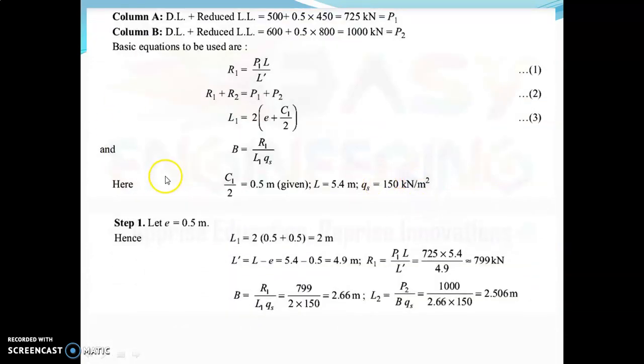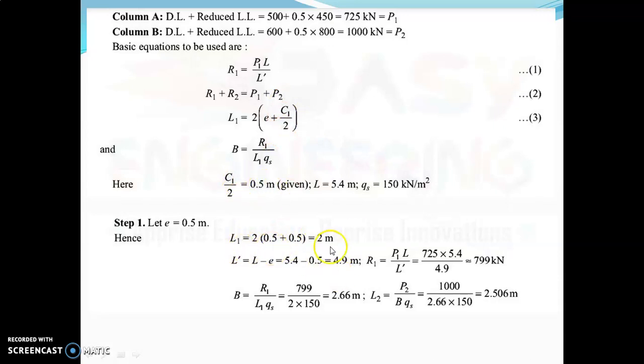Now what you have to do? You have to assume one E value, the eccentricity value. Let us consider E is equal to 0.5 meter. Substitute in this equation: L1 is equal to 2 into E, which is 0.5, plus C1 by 2, which is 0.5.